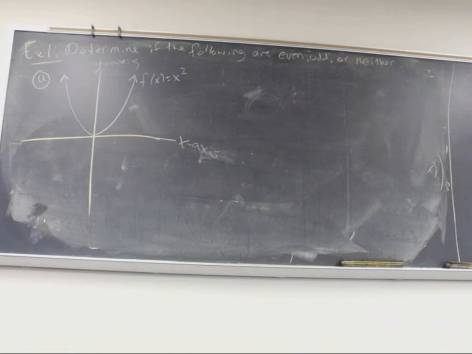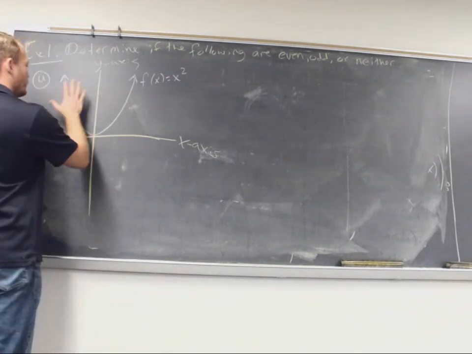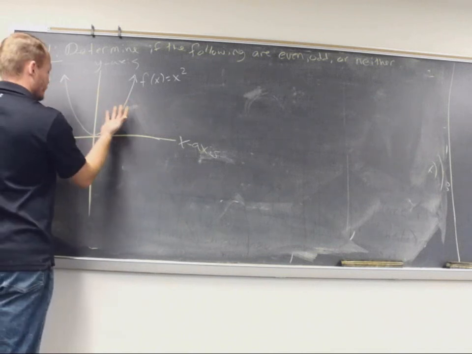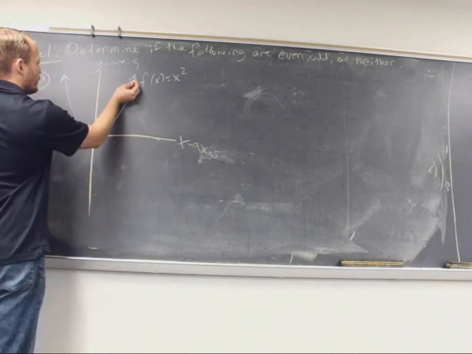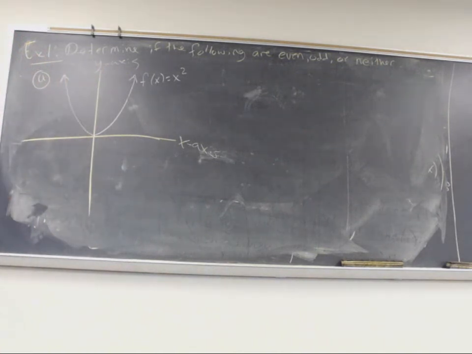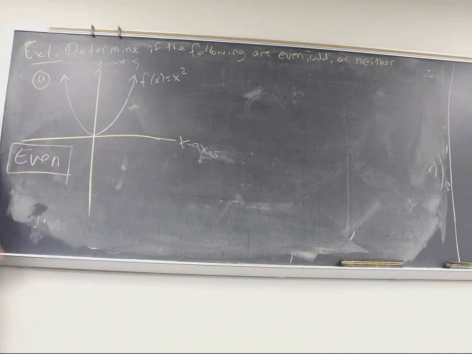Based on the definitions I just wrote, this is symmetric about the y-axis. If you take your hand and flip it over the y-axis, is it a mirror? Do they mirror each other? Yes, they do. When you flip it over, this point becomes this point. So just by looking at it, you can determine that this is an even function.